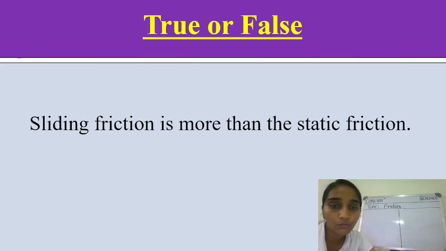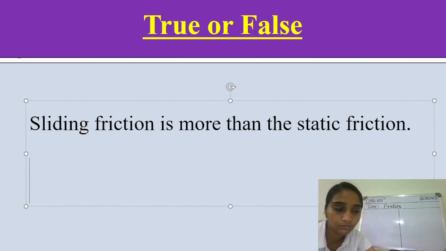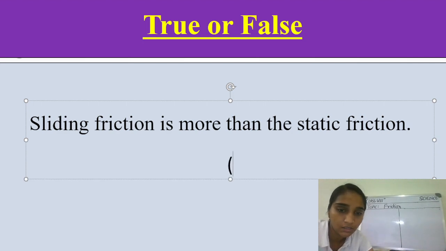So students, now it's your time to answer true or false. Sliding friction is more than the static friction. So the statement is true or false? Yes, very good. You can write your answers in the comment section. Yes, very good students.